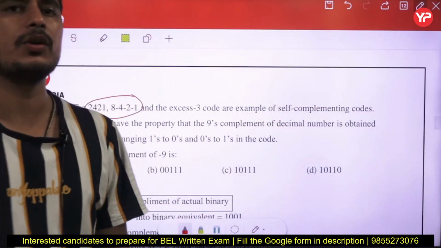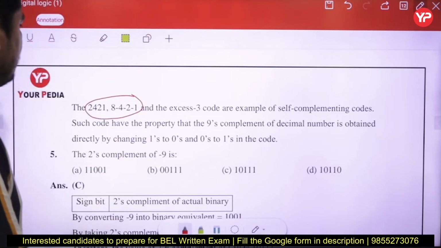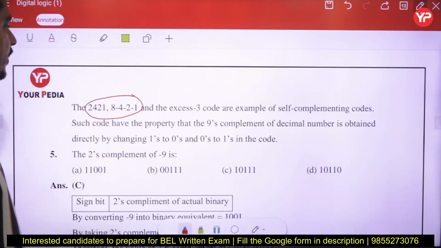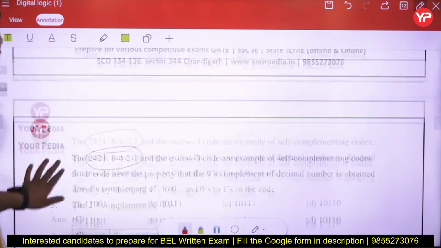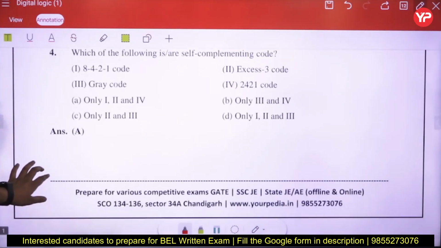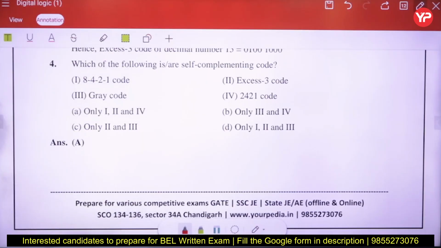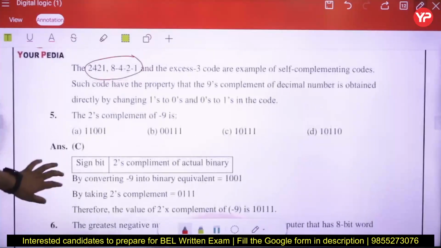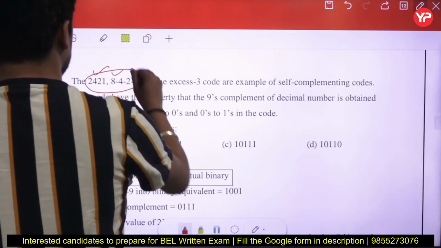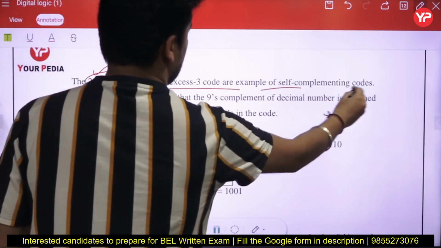Inside the weighted codes, if the sum of all the weights is 9, that will be a self complementary code, right? So 8421, excess 3 code, and 2421 are self complementary codes.